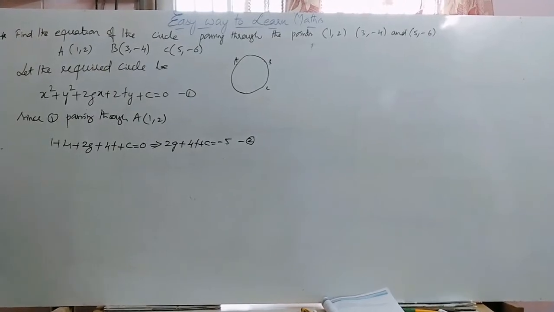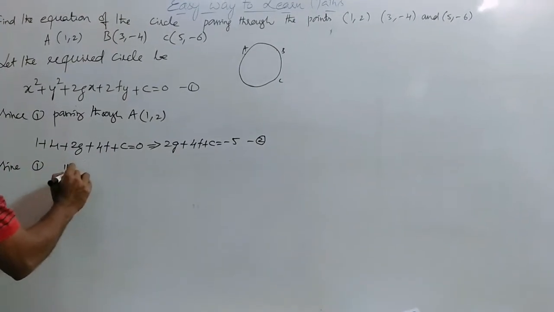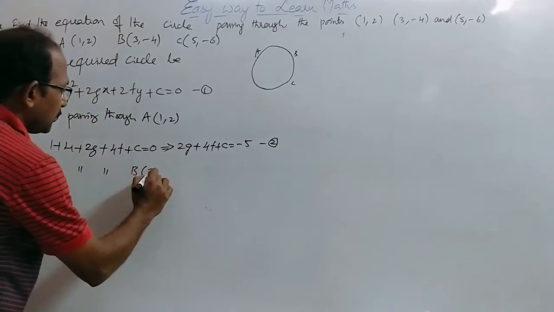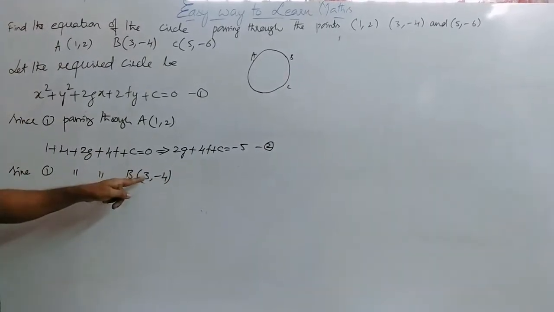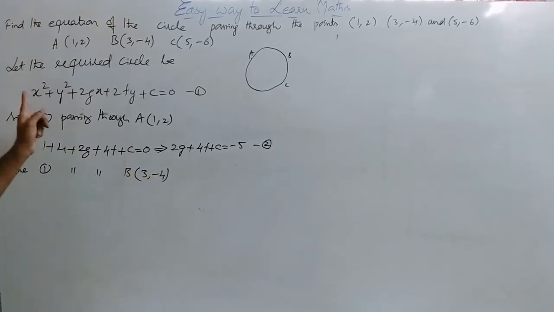Same way, since 1 is passing through B, coordinates 3 comma minus 4, in place of x we substitute 3 and in place of y we substitute minus 4.